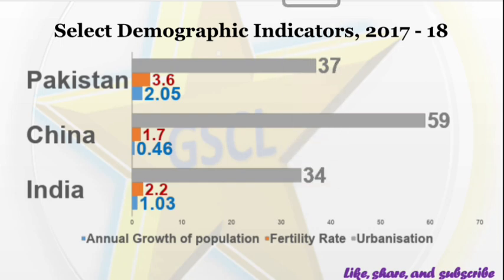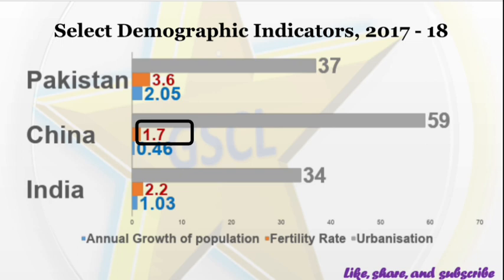The fertility rate in Pakistan was highest with 3.6. In China, it was 1.7, owing to the one-child norm in late 1970s, which has been changed currently.